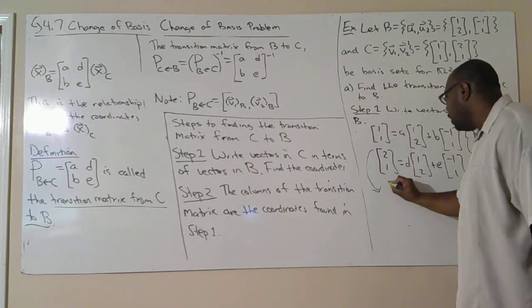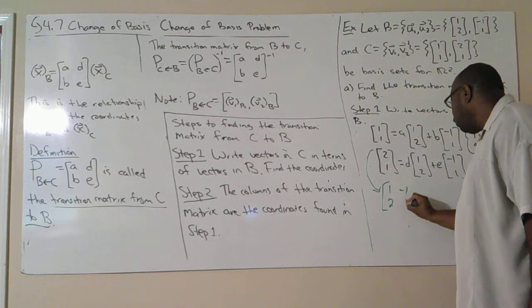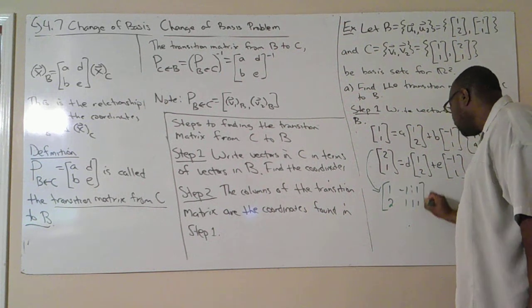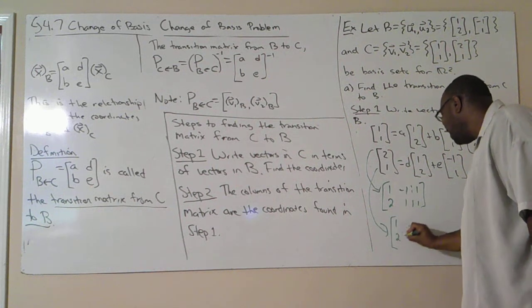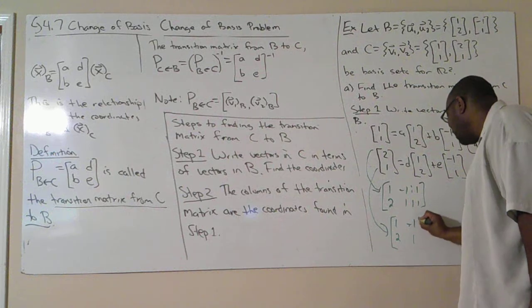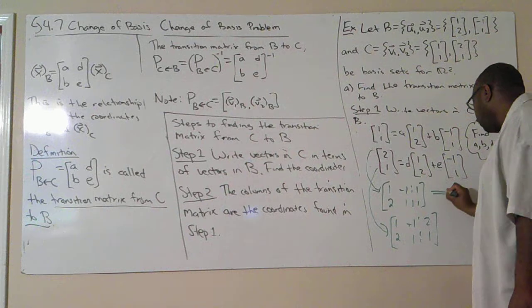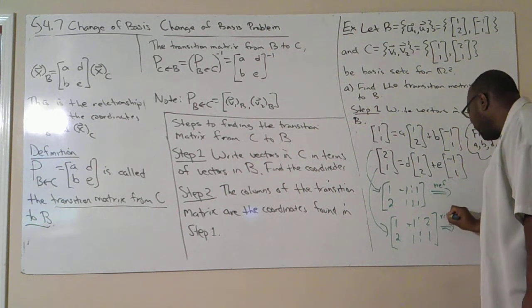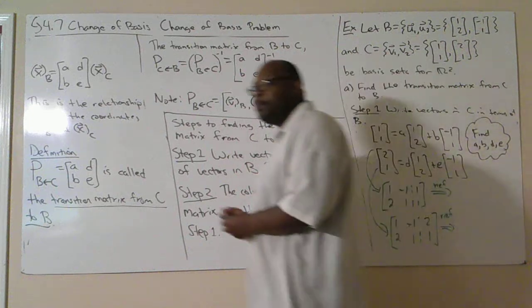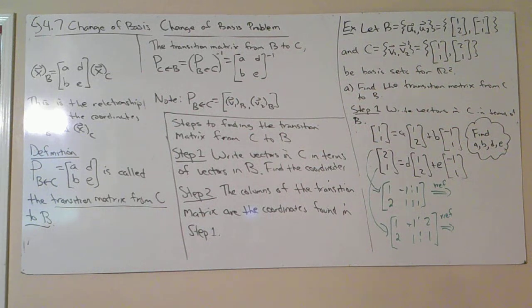Put it right in augmented matrix: (1, 2), (-1, 1), dot, dot, dot, (1, 1). And I want to do reduced row echelon form. I'm not going to do all that; you guys can do that at home, to figure out what a, b, d, and e are.